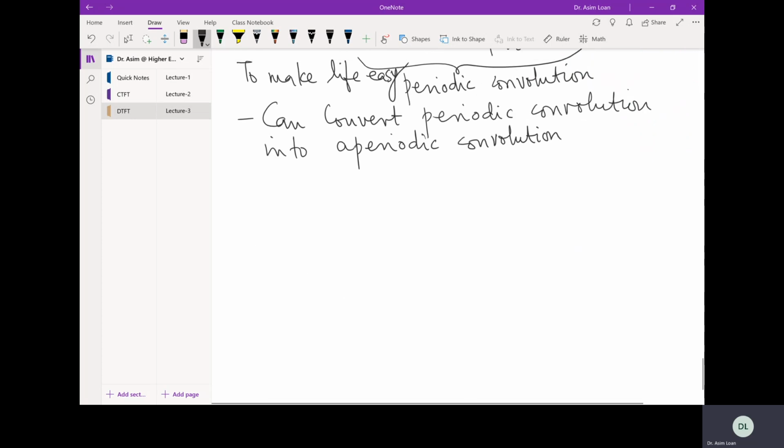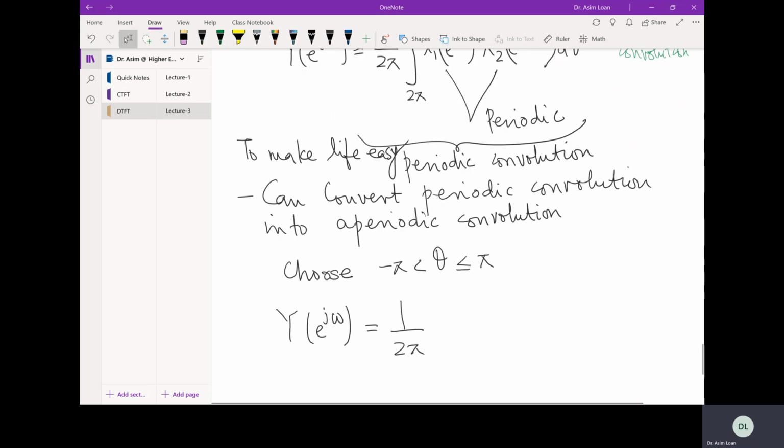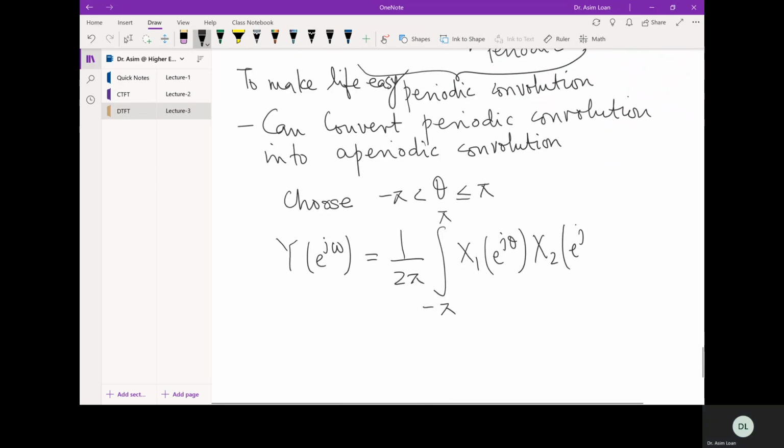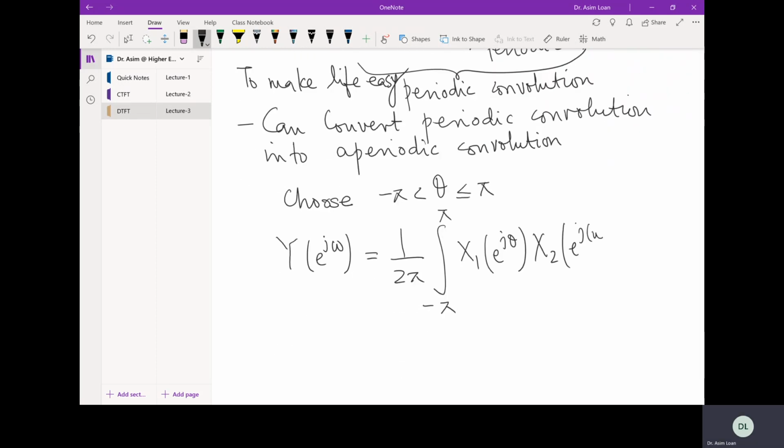You choose theta to be between minus pi and plus pi, then Y of e^j omega is equal to 1 over 2 pi, integral from minus pi to plus pi of X1 of e^j theta. So this is only a 2 pi interval, X2 of e^j omega minus theta d theta.